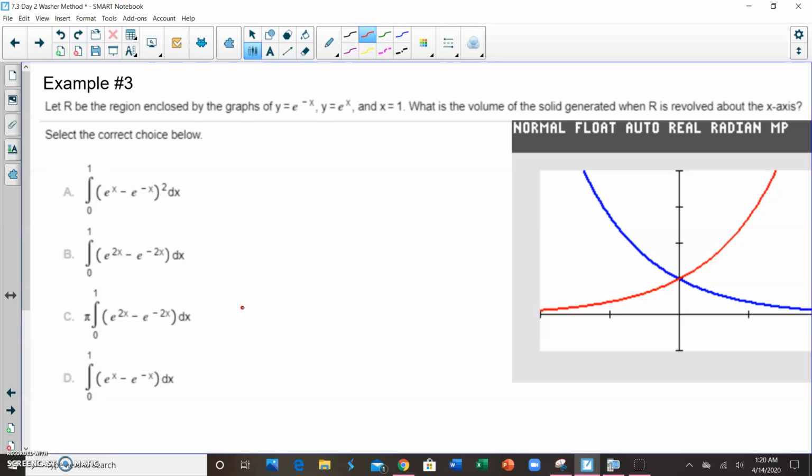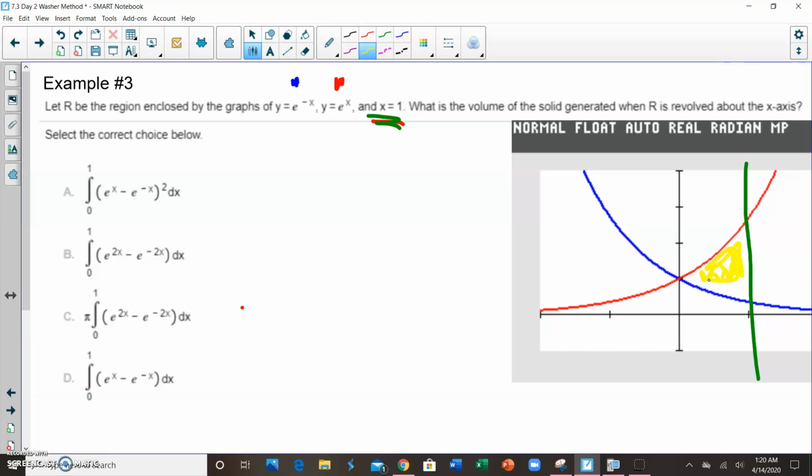Now for this one, this is your blue function, this is your red function, and then we have x equals 1, so we need to draw x equals 1, so we'll do that in green. So x equals 1 is right here. This is actually the space that we're going to revolve.